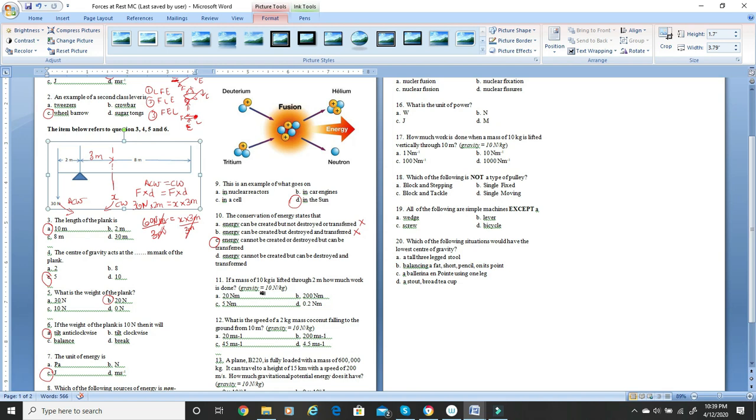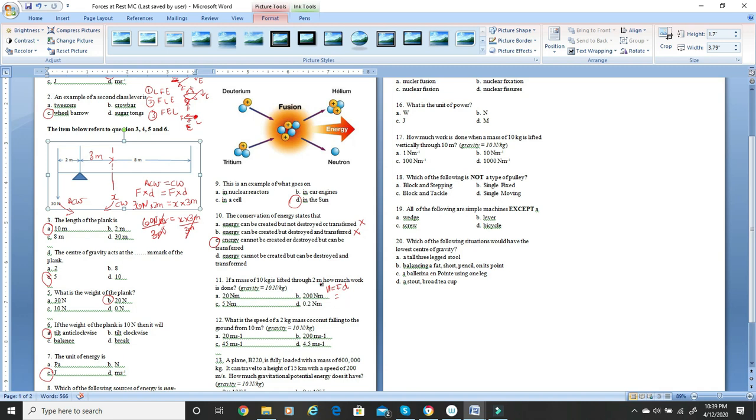If a mass of 10 kilograms is lifted through 2 meters, how much work is done? Work is equal to force times distance. And if you have a mass of 10 kilograms, work is equal to mgd.